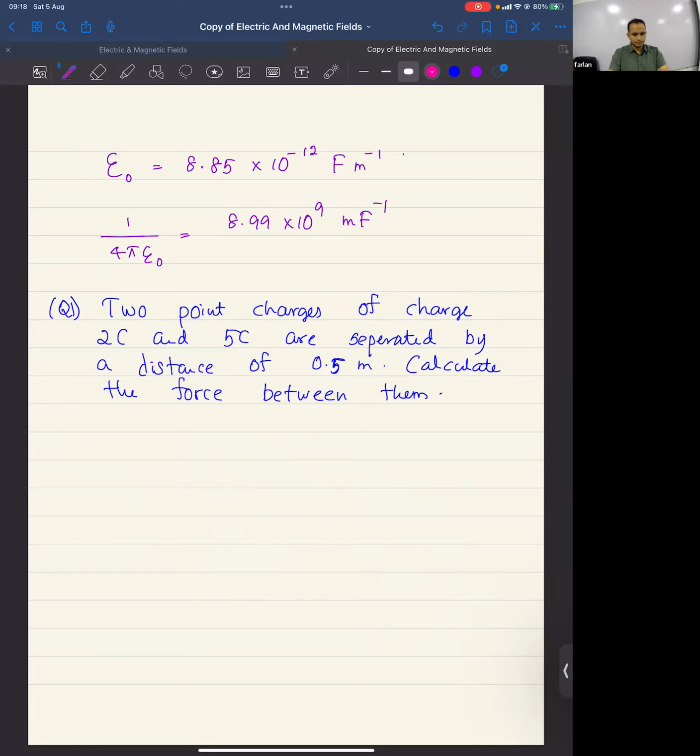Write down a question. Two point charges of charge 2 coulombs and 5 coulombs are separated by a distance of 0.5 meters.